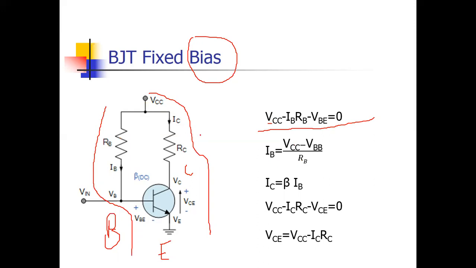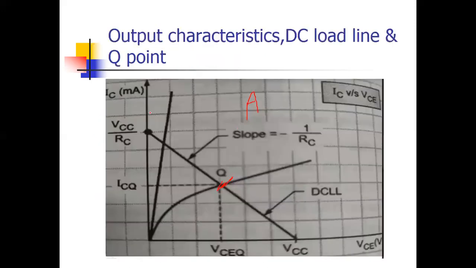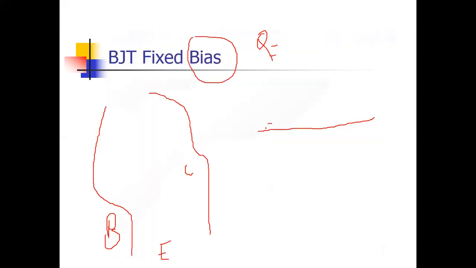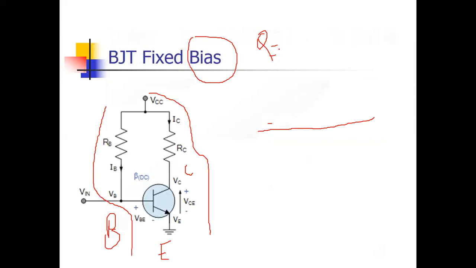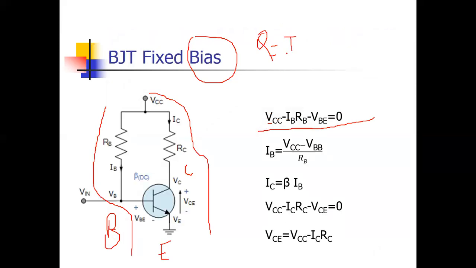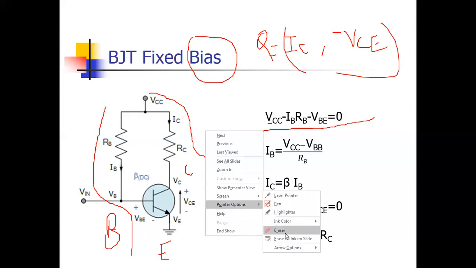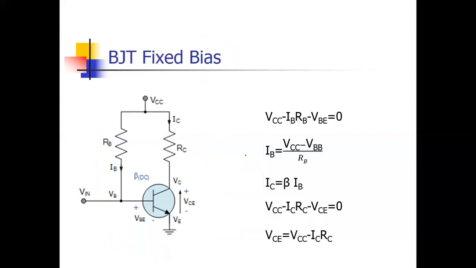The Q point is between IC and VCE, so we want to calculate IC and VCE. For IC, we first have to calculate IB.